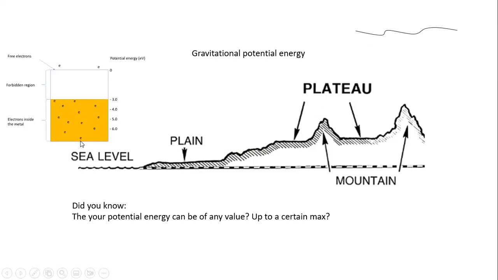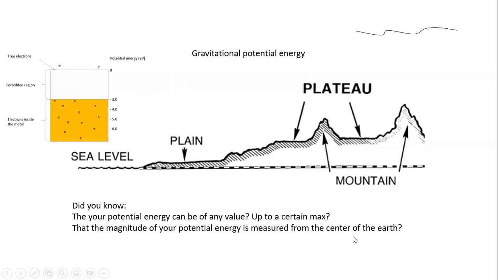Inside a metal, the electrons can have any amount of potential energy up to a certain maximum. The potential energy, whether of you on the surface of the Earth or of the electrons, is measured with reference to the center.